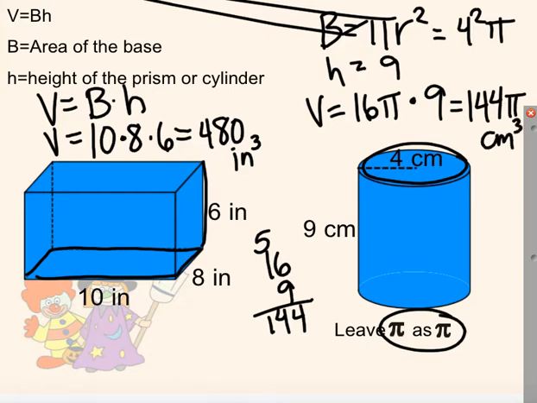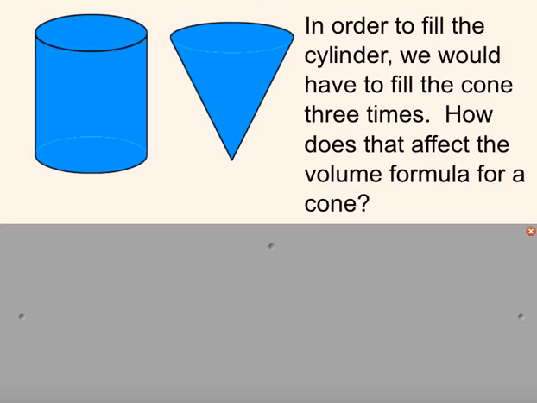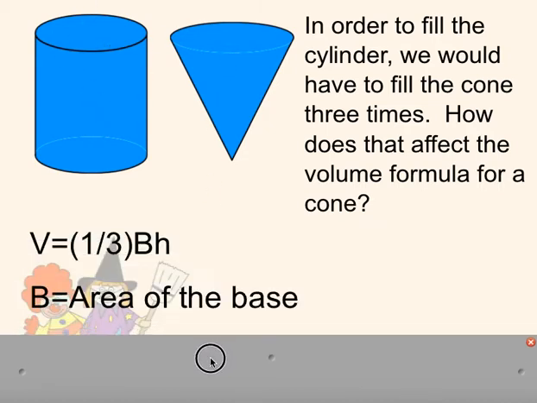The reason that we go over this so that we can talk about cones and pyramids is because they are related. If you can believe it, each cone that we have, if we were to fill it up with water or rice or whatever you want, we could take 3 of those to fill 1 cylinder. Or to say it differently, if we took 1 cylinder, we could fill up 3 complete cones.